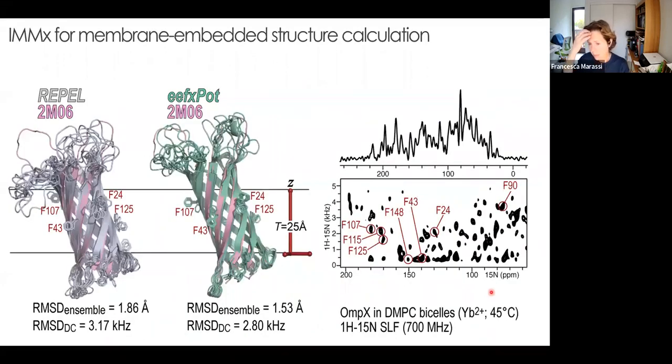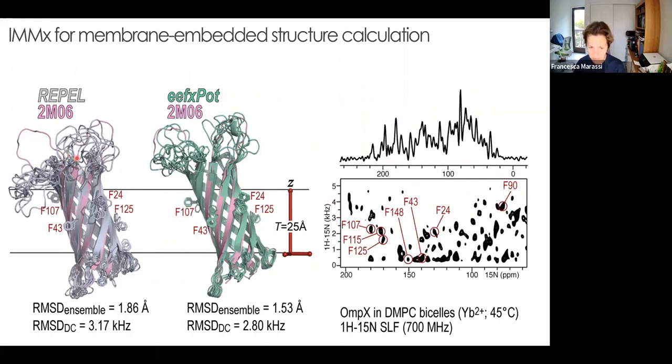So with this protein, it sort of takes me back to this notion of the loops. Okay, so this is now looking at OmpX. It's not Ail, but it's a homologous protein to Ail, the Yersinia pestis outer membrane protein. It also has 4 extracellular loops. In this case, they're not as long.